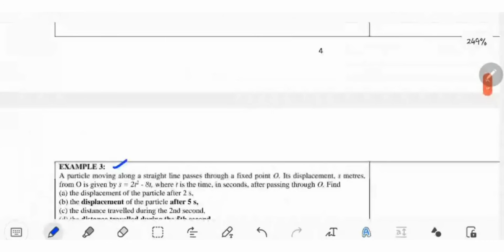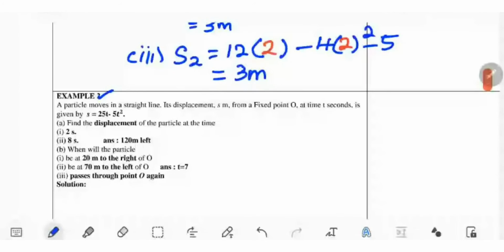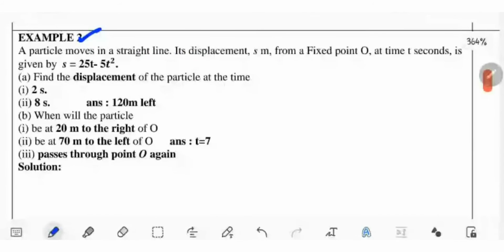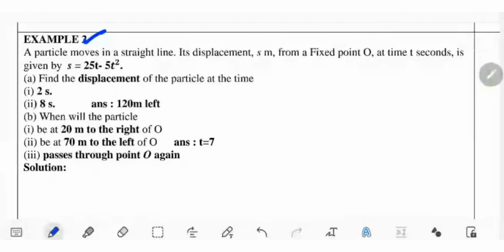Okay, example 2. This is the next, the second part of question. Under distance. Alright. Sebelum tu, tolong cari jawapan untuk saya untuk A1, example 2, A1 and A2. Sekarang buat. Cikgu, A1 tu 30 ke?